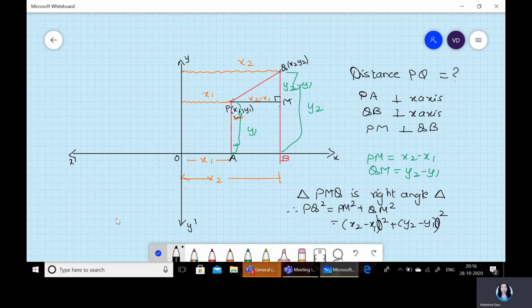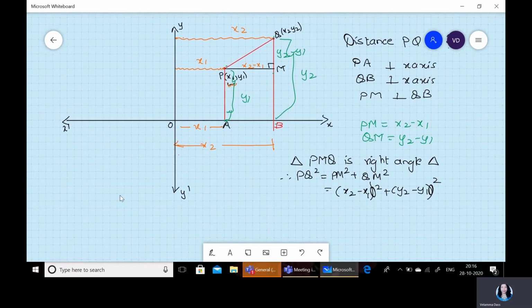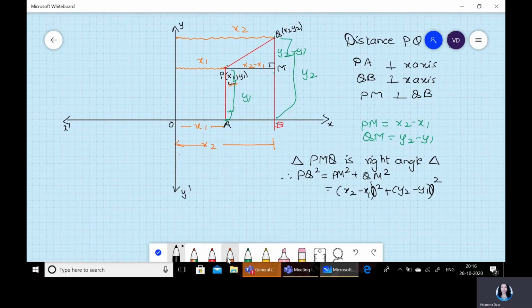Now we actually want PQ. We are interested in PQ rather than PQ square. So PQ square we got by just applying Pythagoras.